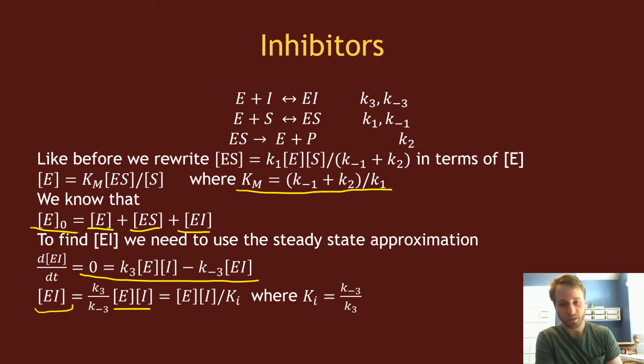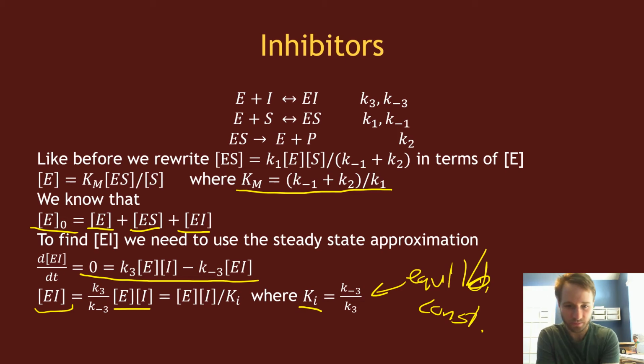This K minus 3 over K3 is Ki. This is the inhibitor equilibrium constant. Right, that's an equilibrium constant, and so the enzyme inhibitor concentration is just related with the free enzyme concentration times the free inhibitor concentration.